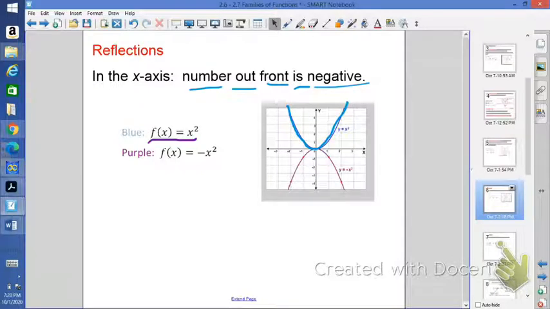Okay. So if you have a negative out in front, a -1, a -3, a -5, it doesn't matter, a -1/4. If there's a negative out in front, all right, what you have to do is reflect the parent function across the x-axis. And so that would be the result. In purple, that's y equals -x squared.